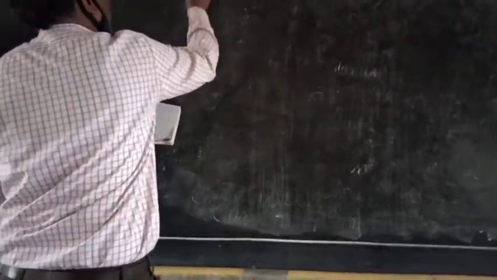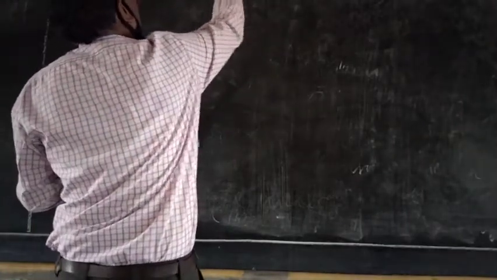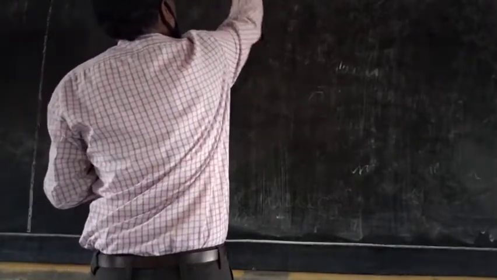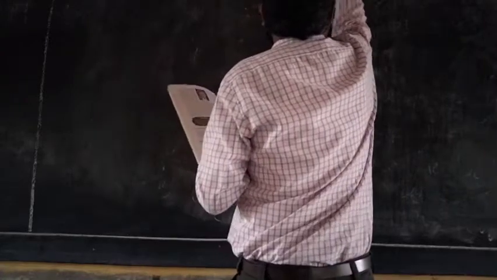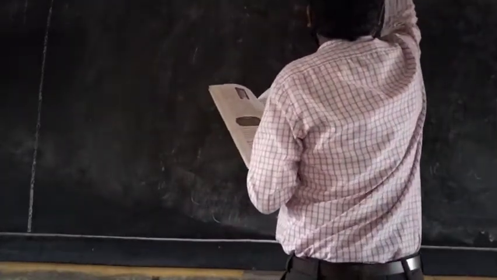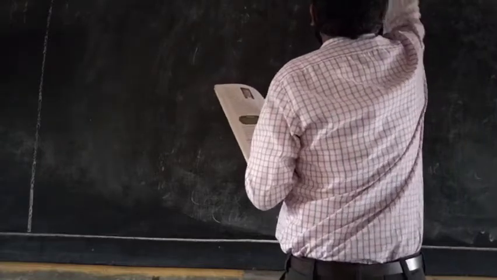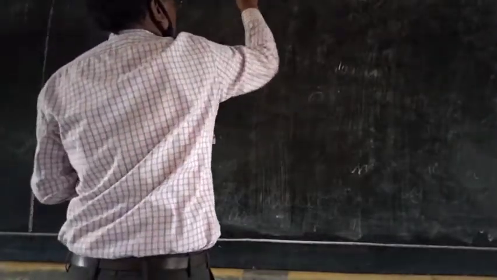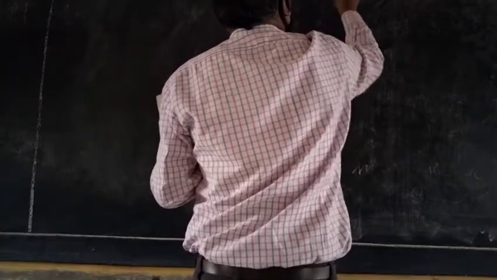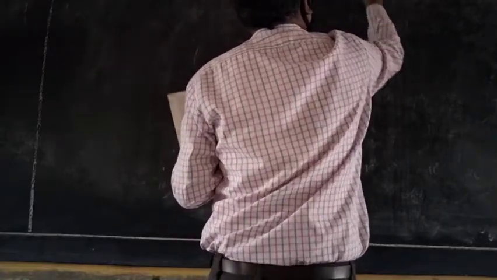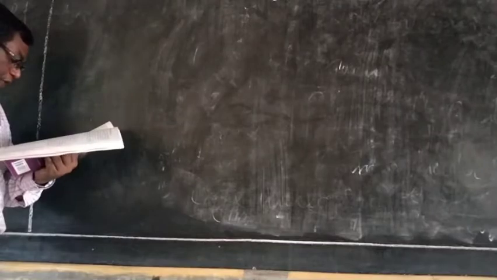Number one, under the Roman Empire, we see the rise of feudalism.